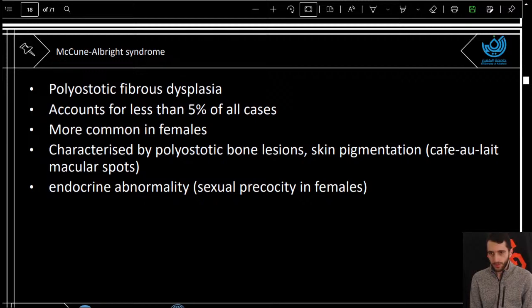The next type of polyostotic fibrous dysplasia is called Albright syndrome. Albright syndrome is a polyostotic fibrous dysplasia affecting multiple bones, affecting females more than males.